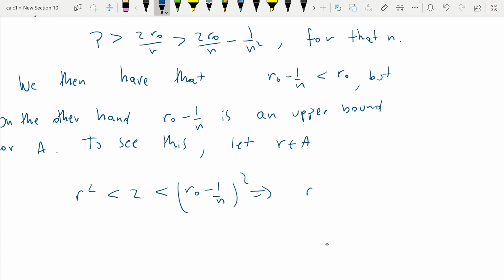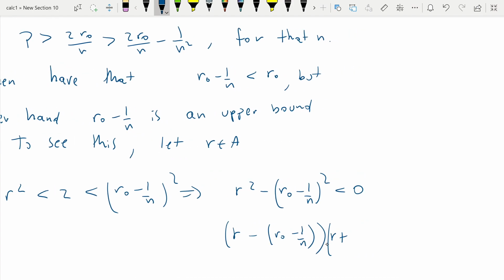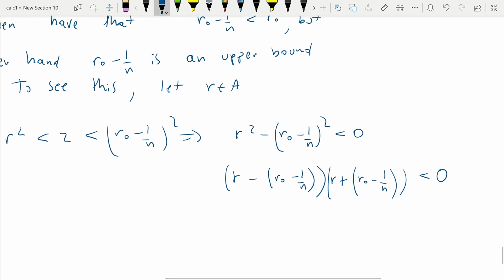That implies that r squared minus the square of R naught minus 1 over n is less than 0, so r minus R naught minus 1 over n, times r plus R naught minus 1 over n, is less than 0.